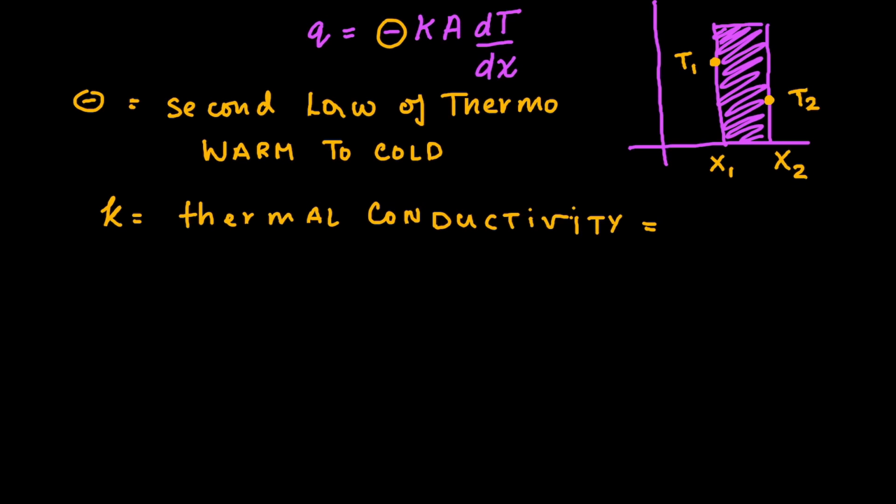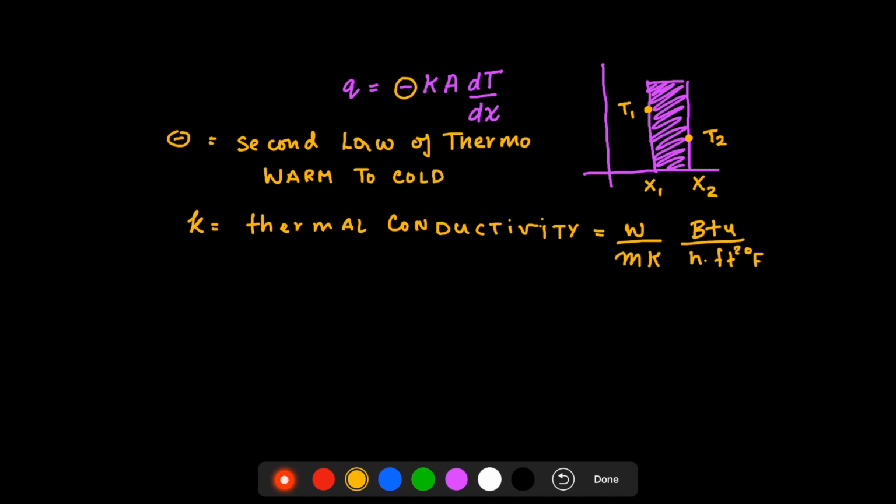With units of K watts over meters. Area is in meters squared. dT over dx is the temperature gradient, which in a linear profile is this.